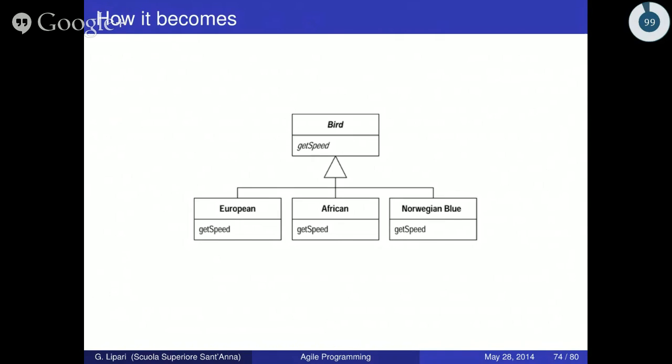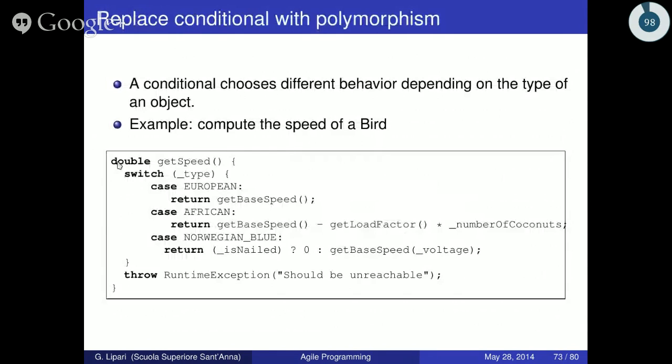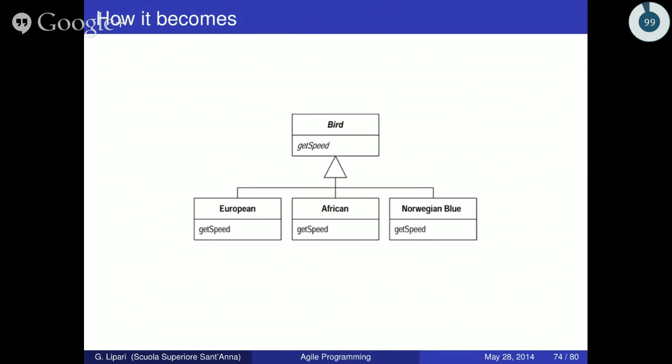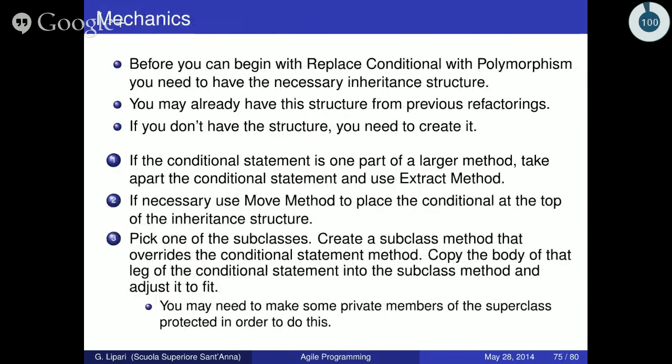So if this switch case, instead of it being a separate function, is part of a long function, you extract it and you put it into a separate function. The function should only contain the if-then-else statement.